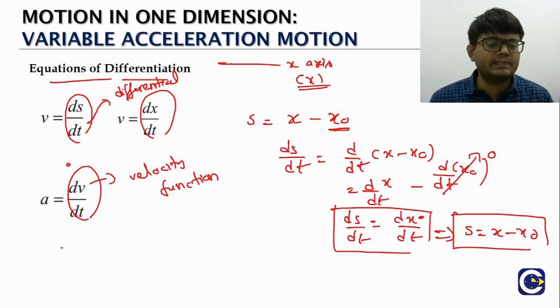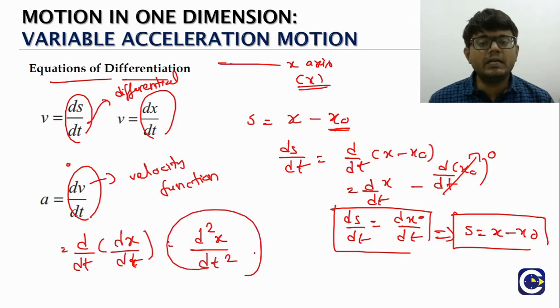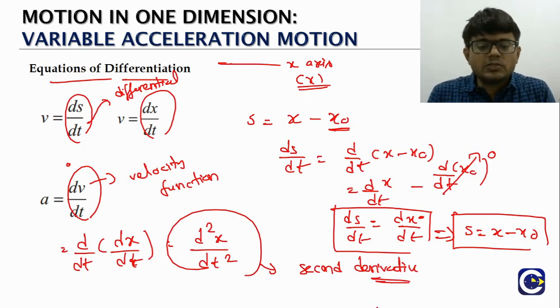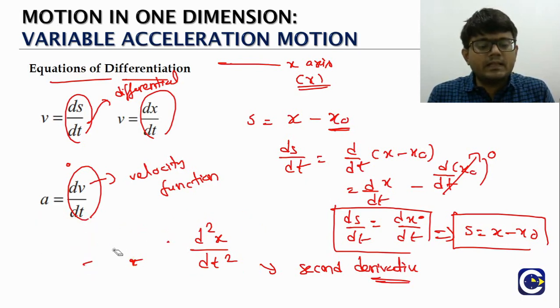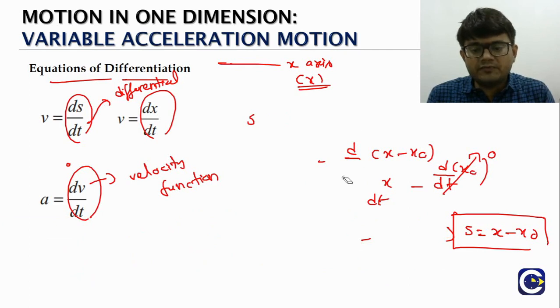So this can also be expressed as d by dt of velocity, which is d by dt of dx by dt. This is what we write as the double derivative or second derivative. So if you have a position function, you take a second derivative, meaning take the derivative 2 times, then straight away we will get the instantaneous acceleration function. This is the way the instantaneous acceleration is related to the velocity function, and instantaneous velocity is related to the position function.